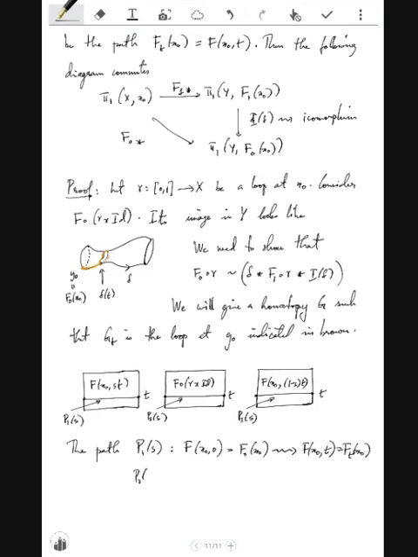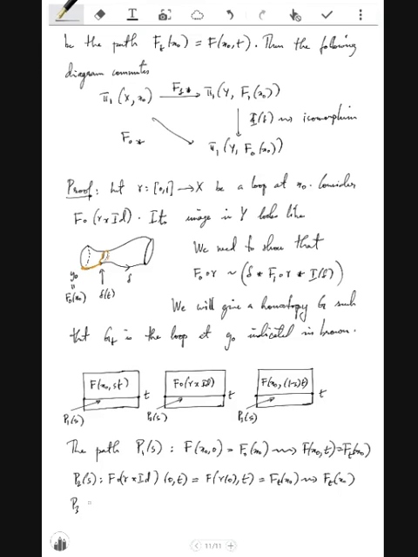The path p2 of s starts at f compose gamma cross identity at 0 comma t, which is ft of x naught, and it ends at ft of gamma of 1, which is again x naught.